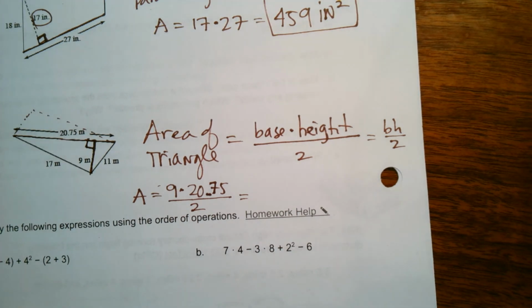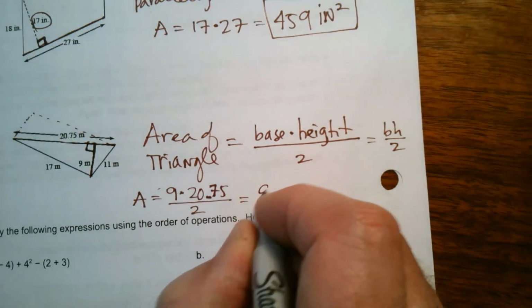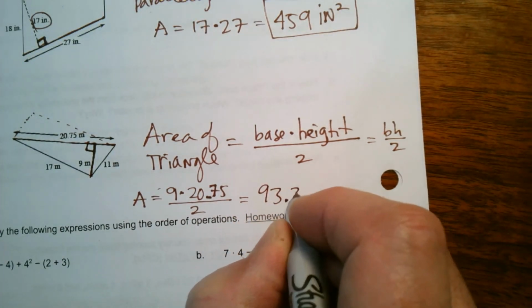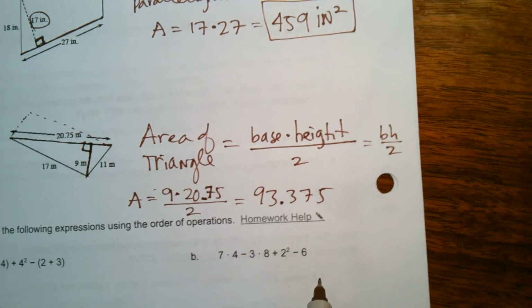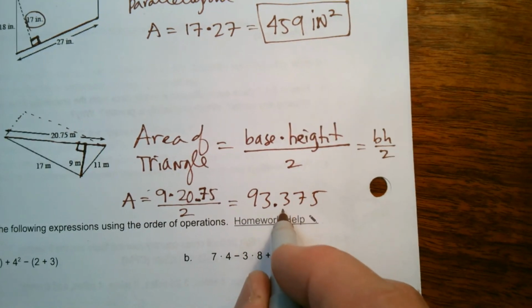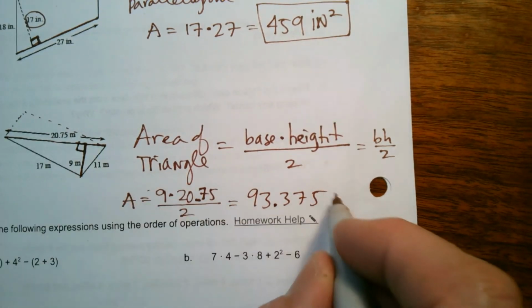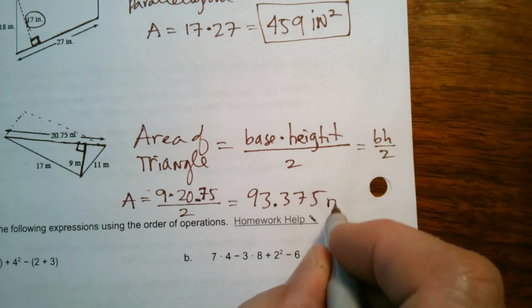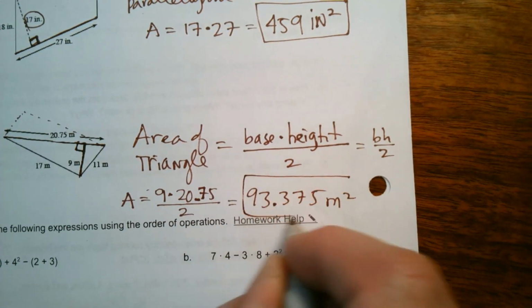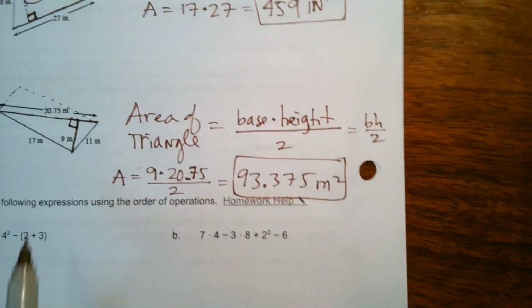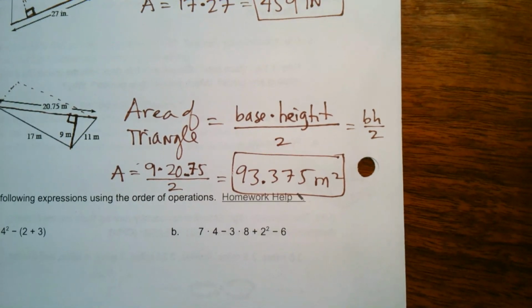And so when you do that, you get 93.375. So 93.375 is the area in this case. Now we have units of meters, so we'd say meters squared. So there's my answer for B. There you go.